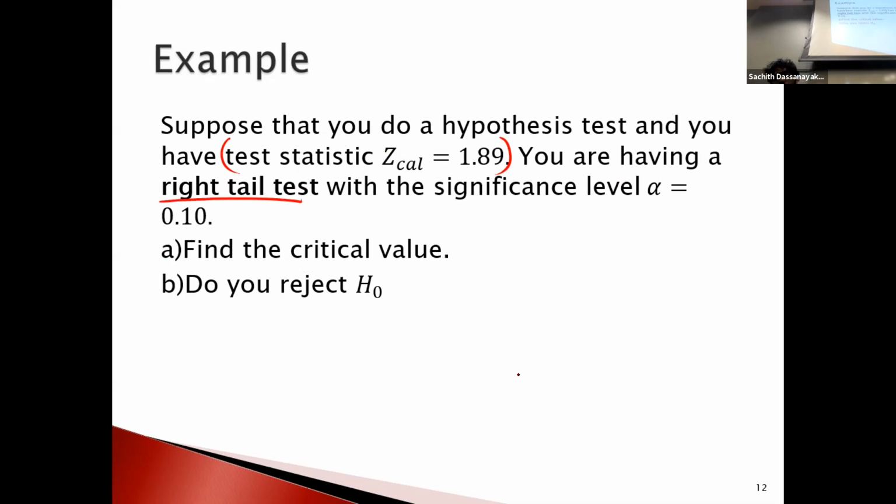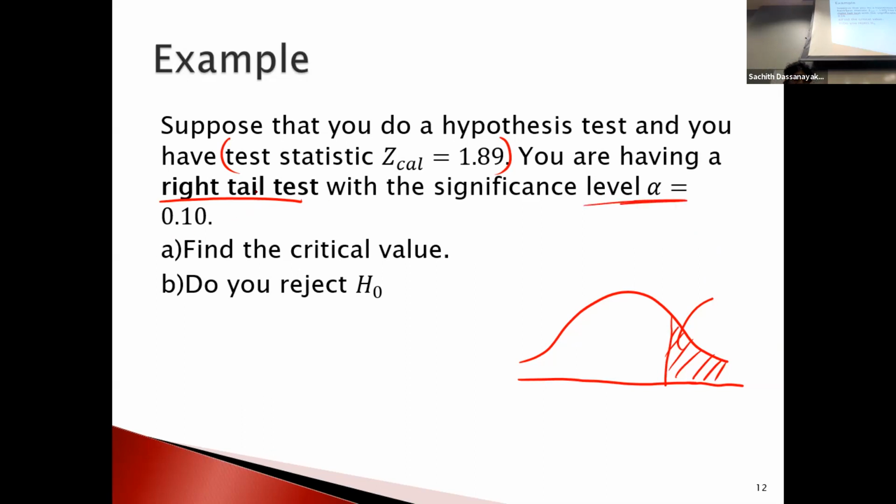So tell me, let me draw this. It is always a normal distribution, standard normal distribution. This is a right tail test, which means your rejection region is something like this. Is that clear? This area or region, they have mentioned the significance level alpha is 0.1.